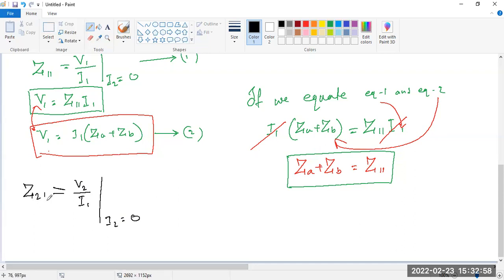So we can write that V2 is I1 into Z21. This is another equation, equation 3.